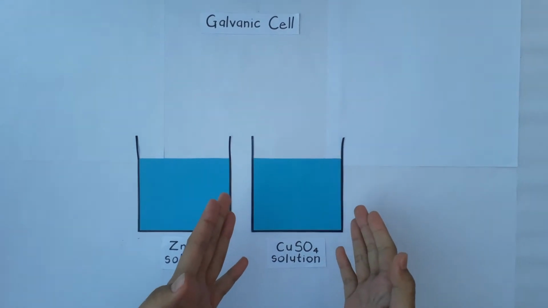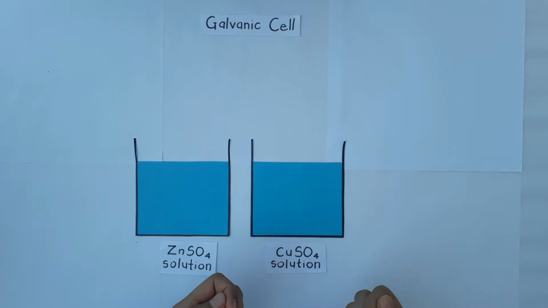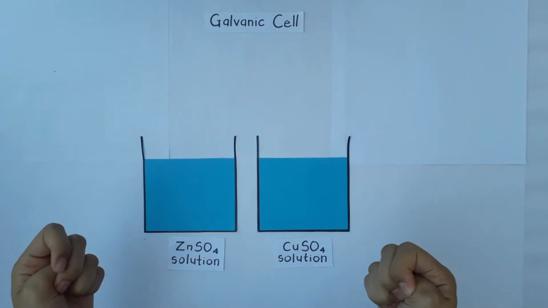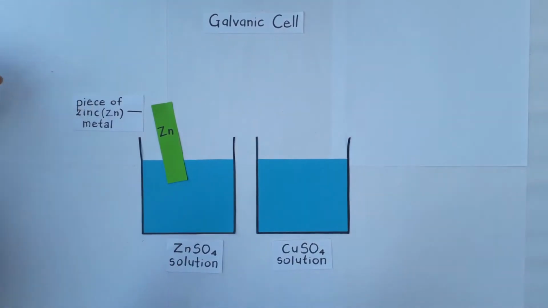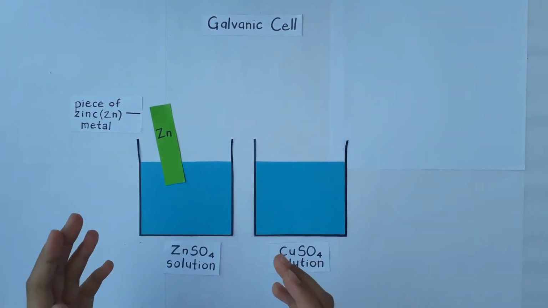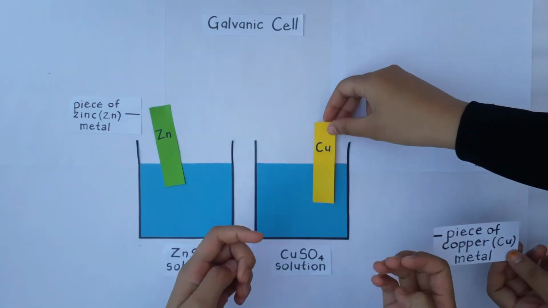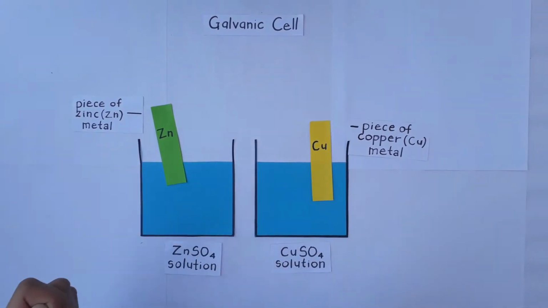And then into the other, we dissolve some copper sulfate and make a solution with that. So we have these 2 solutions, and then we take a piece of zinc metal and put that in the zinc sulfate solution. And then over here, we take a piece of copper metal and put it in the copper sulfate solution.